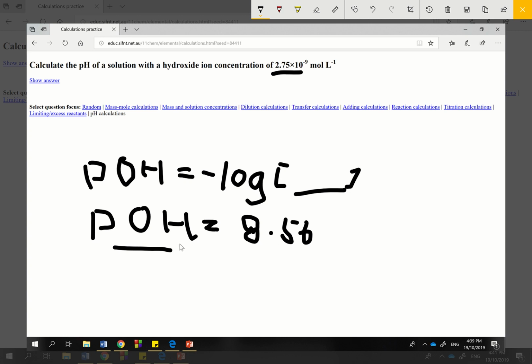Now we have the pOH, so what we will have to do is 14 minus 8.56, and that's the pH of the solution with the hydroxide of this much concentration.